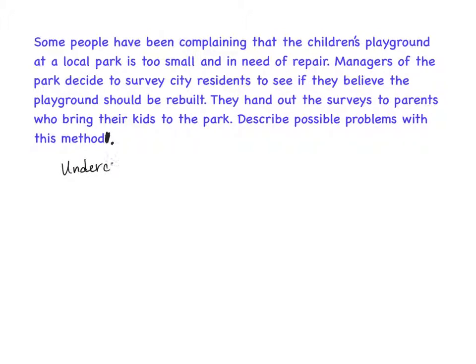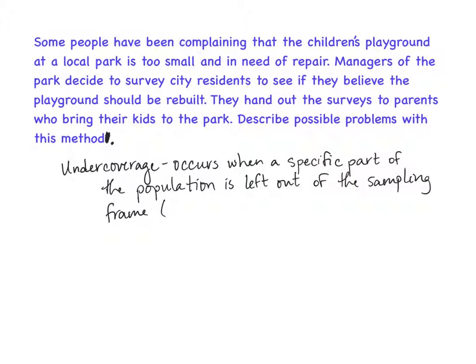An undercoverage occurs when a certain portion of the population is specifically left out from being able to take a survey. So a specific part of the population is left out of the sampling frame. The sampling frame is all the people that might be chosen to take the survey. So it makes it impossible for them to take it.